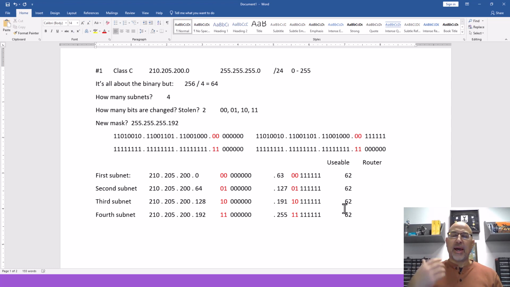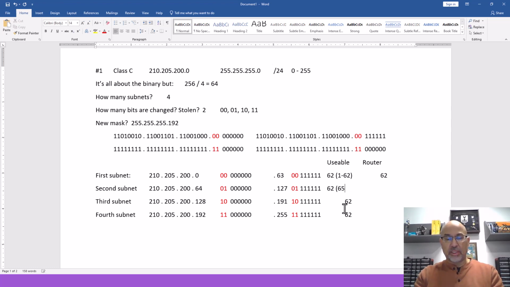All right, so what might be a possible router then in each one of these subnets? Well, if we pick the highest possible address and we applied that to the routers, then in this case I would say it would be 210.205.200.62. Let's be really clear about something else here too. The values that I'm talking about are 1 to 62 here. The values that I'm talking about here are what?